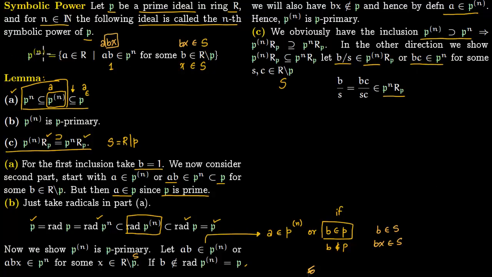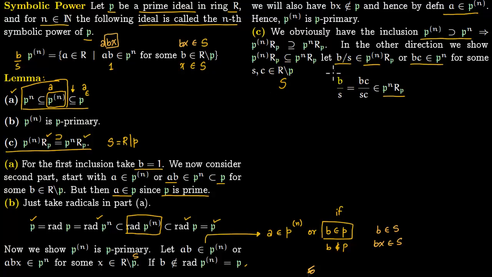You are saying that some fraction is here now, because you have this R_P here, this fraction lies in here, but you have to multiply with something so that it gets into P^n, and we are saying there is some c you can multiply with so that you will end up in P^n. So this has to follow. So for some s and c in our multiplicatively closed set S, which is the complement of the prime ideal.